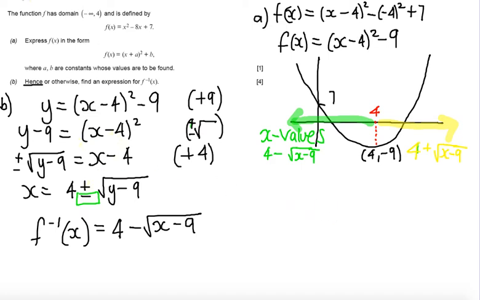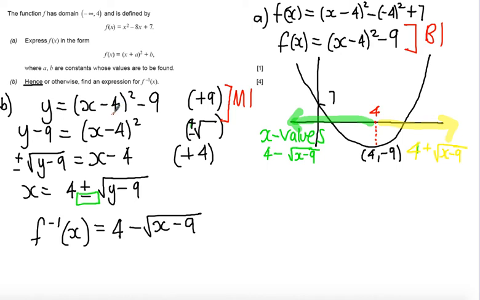Okay, well let's have a look and see how the marks are awarded in this question. Initially, there's a standalone mark if you completed the square correctly and got to this expression. Next, you get a method mark if you have stated y equal to this expression and in some way you've tried to make x the subject of this formula.